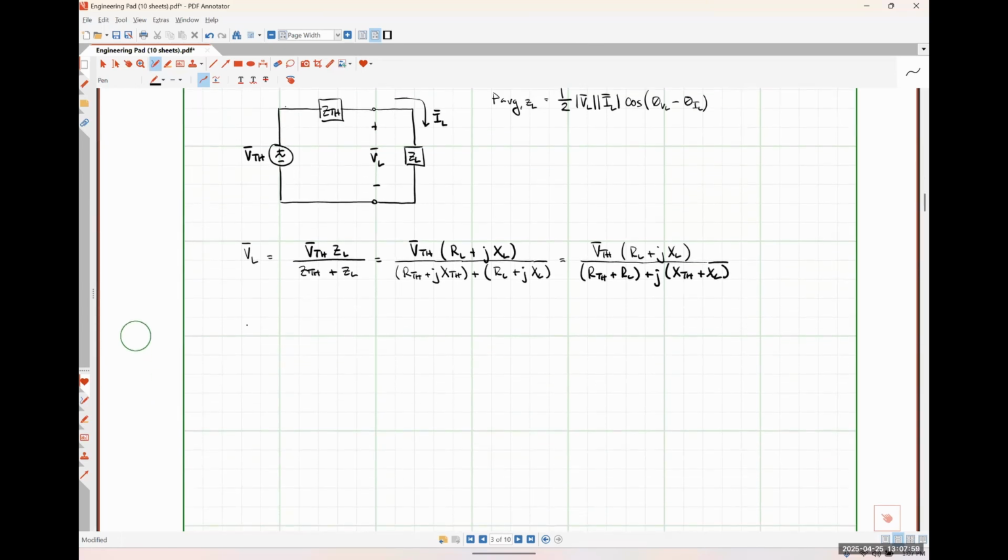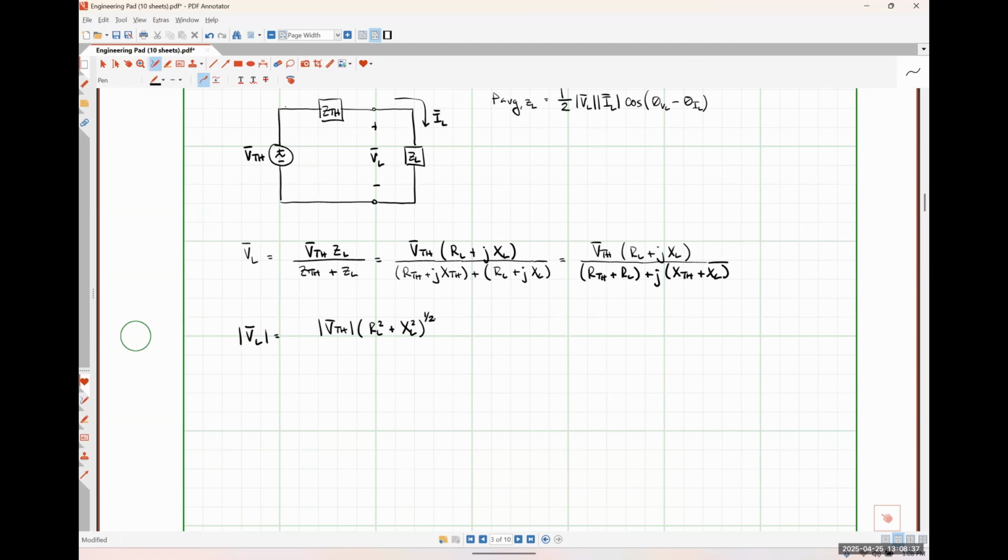So the magnitude of this voltage, VL, would then simply be the magnitude of this expression here. And the reason why I've broken it up like this is because it's going to be really easy to find the magnitude in this form. So the magnitude of our Thevenin voltage is literally just the magnitude of our Thevenin voltage. Well, the magnitude of RL plus JXL is going to be the square root of RL squared plus XL squared.